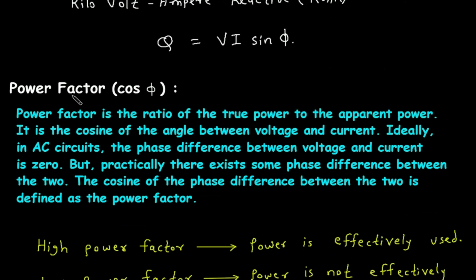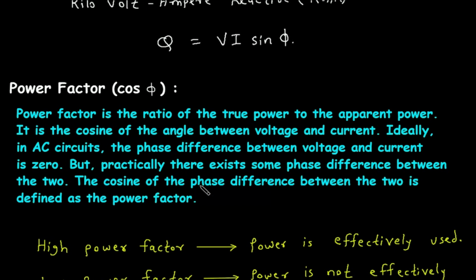Power factor. Power factor is cos phi. Power factor is the ratio of the true power to the apparent power. It is the cosine of the angle between voltage and current. Ideally, in AC circuits, the phase difference between voltage and current is 0, but practically there exists some phase difference between the two.